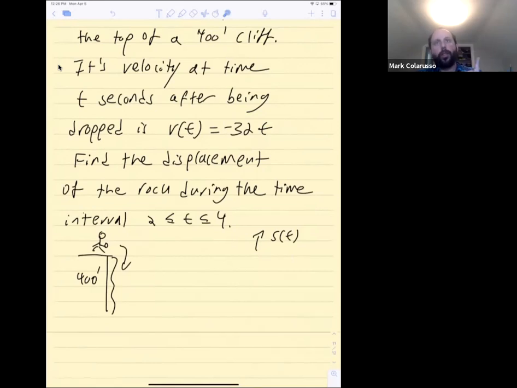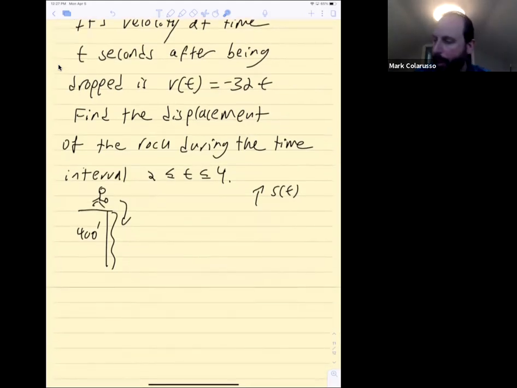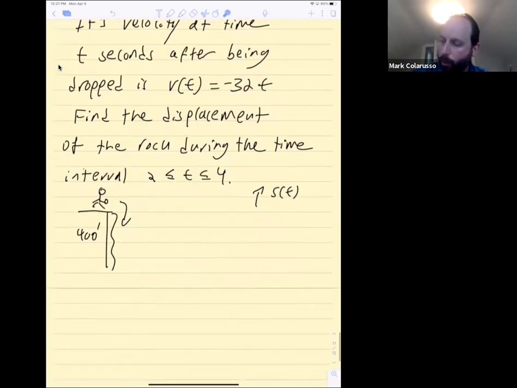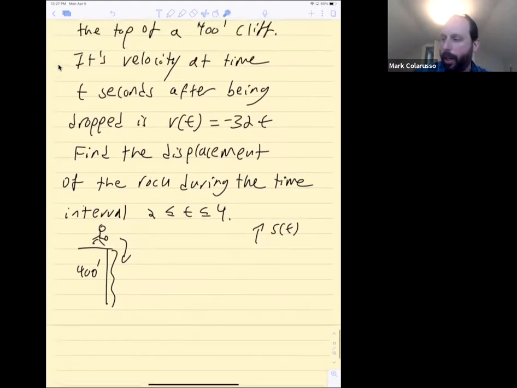Setting up the coordinates with the positive direction being up, the negative velocity means that it's falling down, and we should expect a negative displacement.